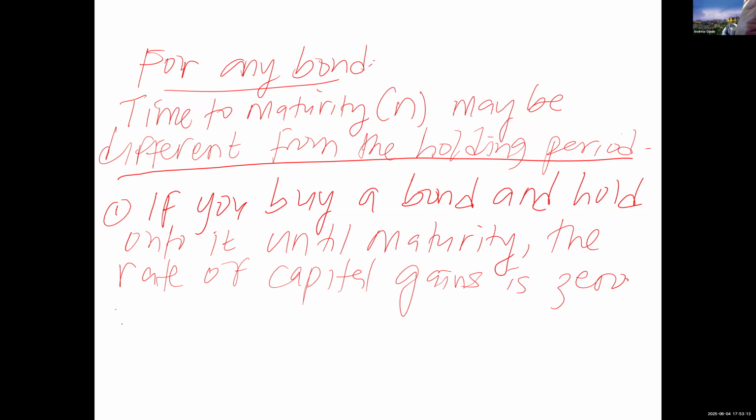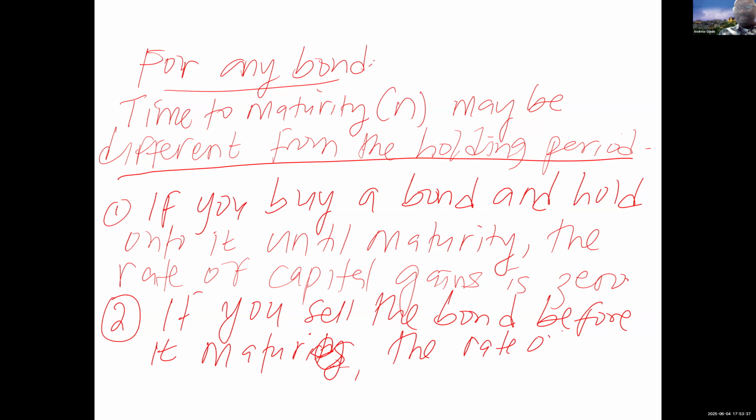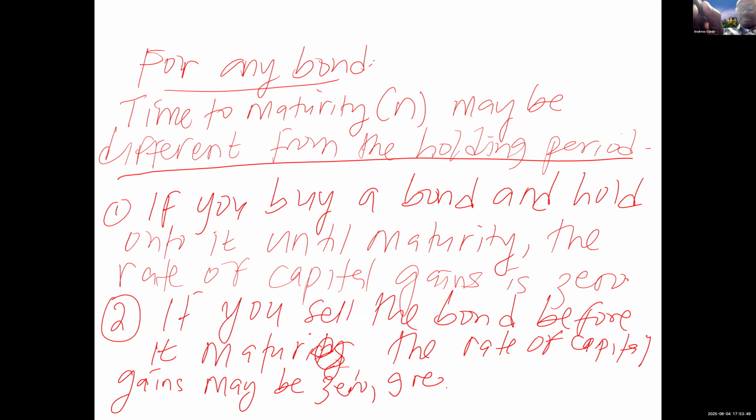Okay? So 2, if you sell the bond before maturity, before it matures, let's say you bought a 5-year government bond, a 10-year government bond, before it matures, then the rate of capital gains may be 0, greater than 0, or less than 0, meaning it's negative.